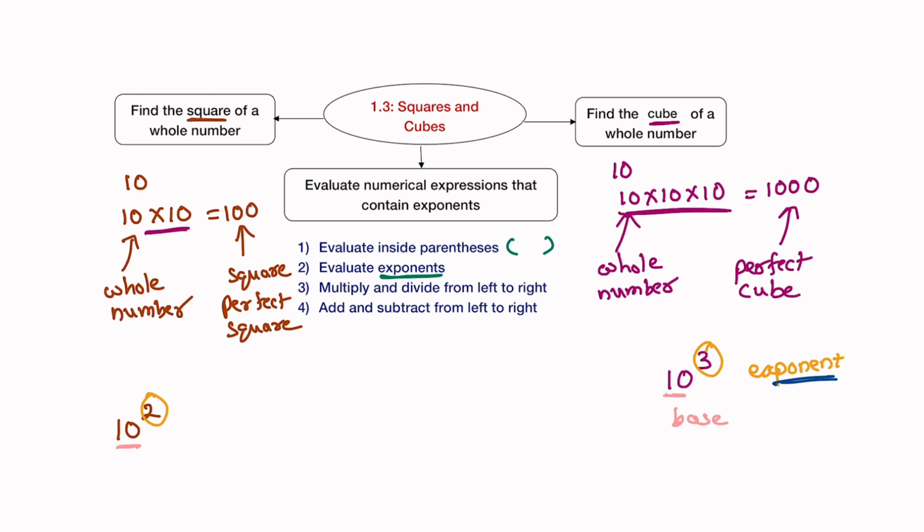Then you solve the exponents. Then you multiply and divide from left to right. You go left to right, and after that add and subtract. So first we solve brackets, then we solve exponents, then we do multiplication and division from left to right, and finally we do addition and subtraction from left to right.